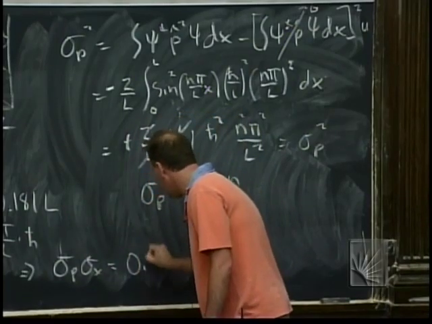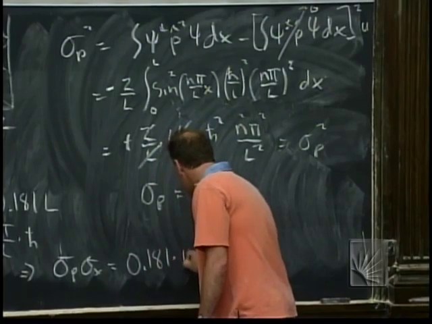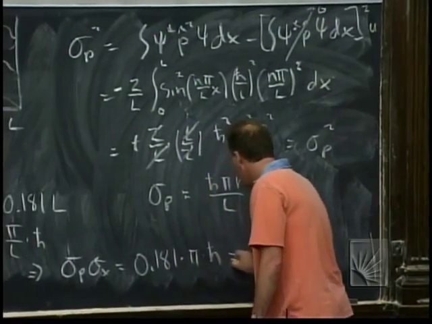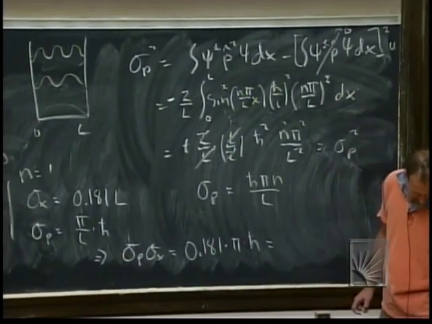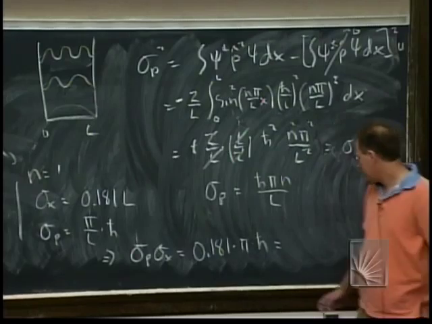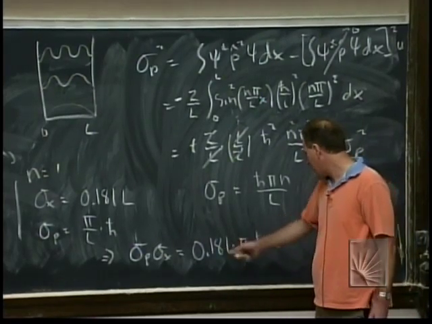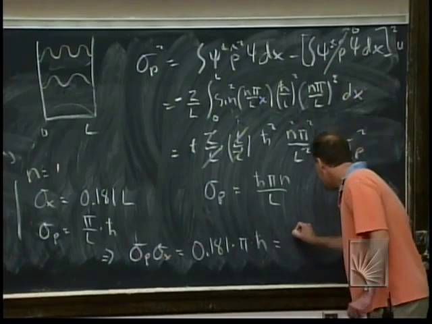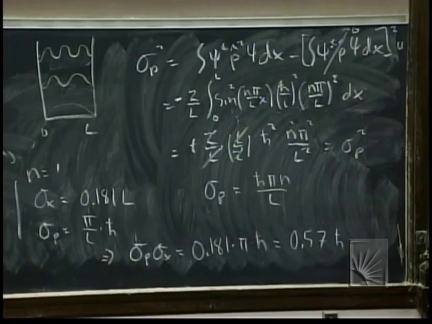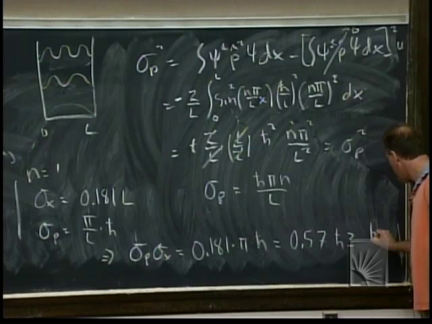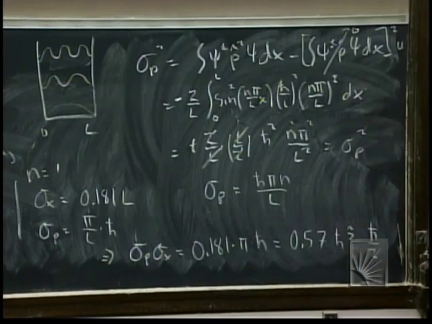It's 0.181 times pi times h bar. And if you pop out your calculator and multiply pi, which is 3, times 0.181, that's essentially, well, it is exactly 0.57 h bar. Okay? Which is a little bit bigger than h bar over 2. Just a little bit bigger. All right? So it worked.